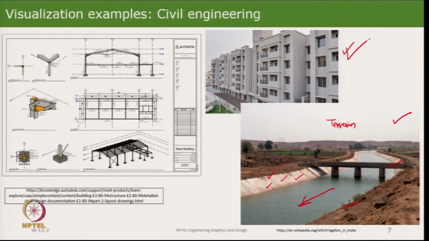The second one is something we are all very familiar with, an apartment complex. These are dwellings of different sizes, number of rooms, and all of this design, what you see, is done first as to how the thing may look.